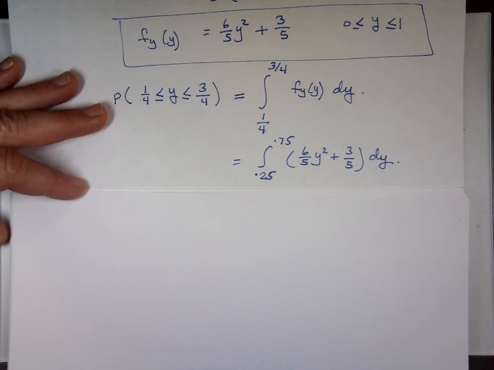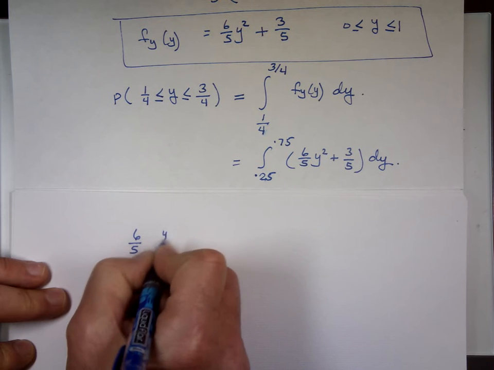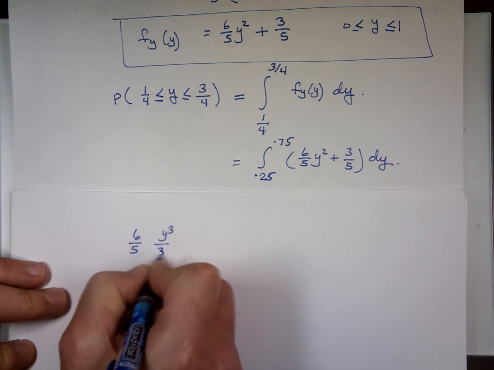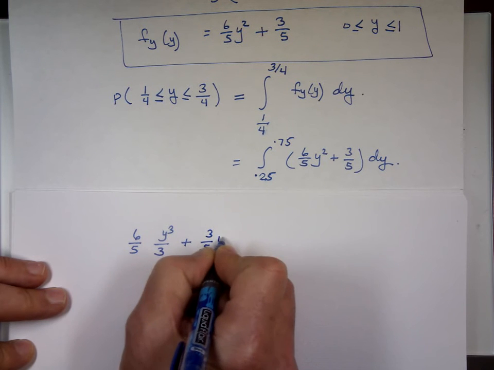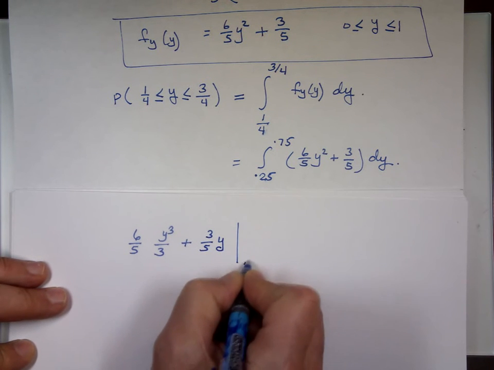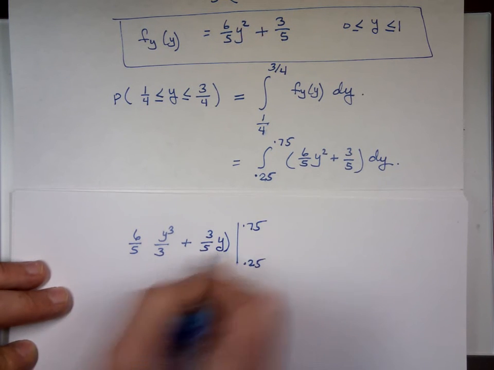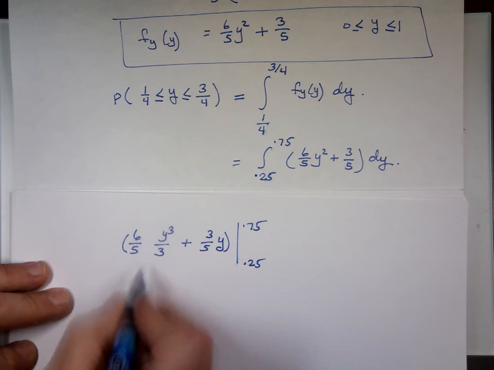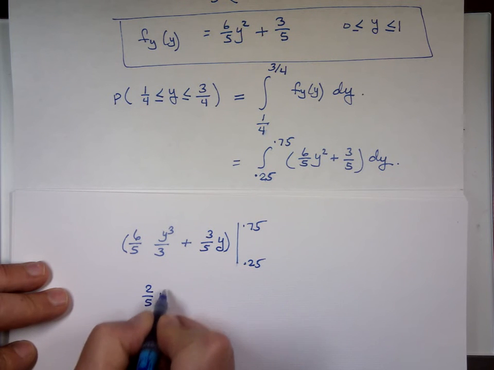So this will be 6 over 5 what? Y to the 3rd over 3 plus 3 over 5 times y, and y goes from 0.25 to 0.75. That's 2 over 5 y cubed plus 3 over 5 y.